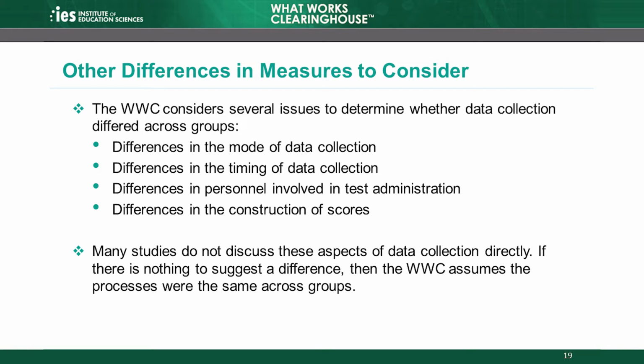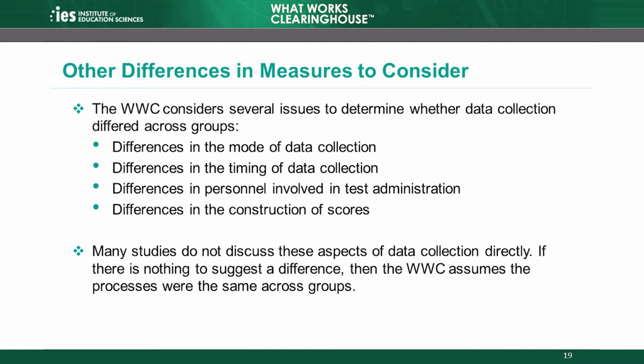The WWC considers several types of issues when deciding if the data collection differed between groups. The first issue is differences in the mode of data collection, as in the example in which the researchers use survey data in one condition and administrative data in the other. Another issue is differences in the timing of data collection.